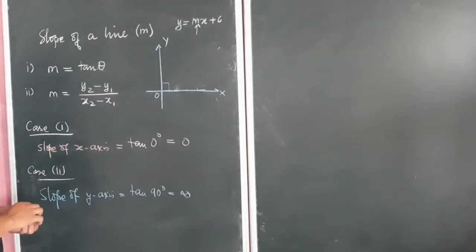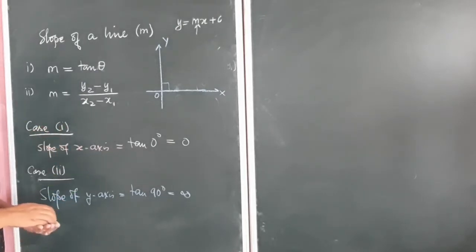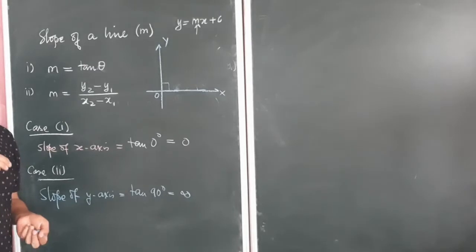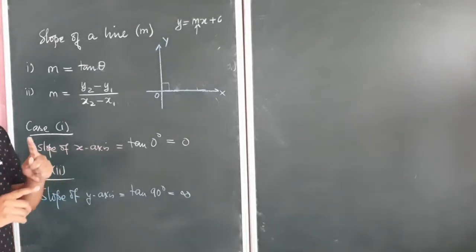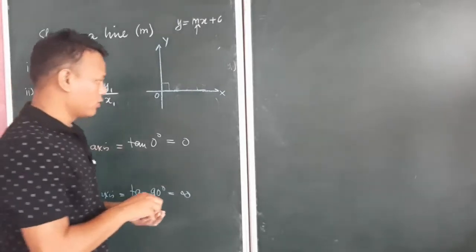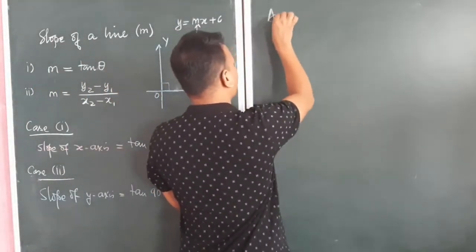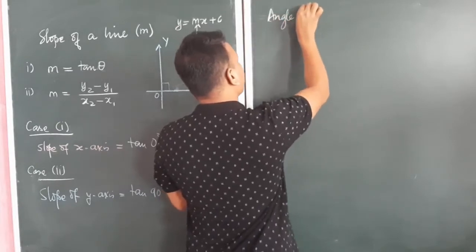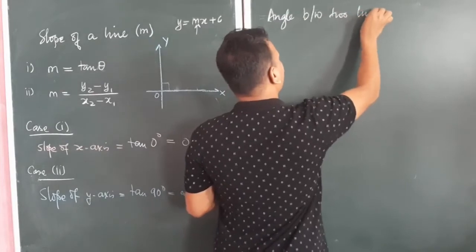All right, so the next thing that we are going to learn here is something called angle between two straight lines, the angle of intersection between two straight lines. Let me write the topic for the day: angle between two lines.